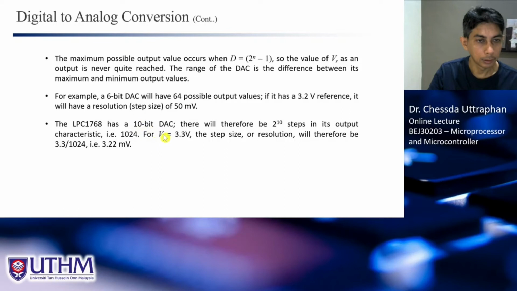Right. So when we want to calculate the V out, we need to calculate the step size. V out over the maximum 10-bit value, which is 1024, so the step size is 3.22 millivolt.